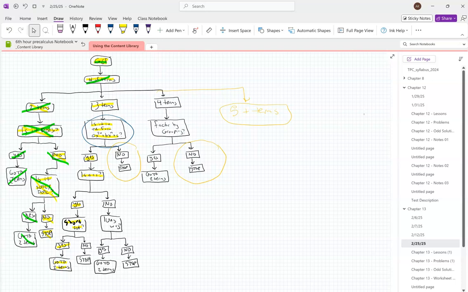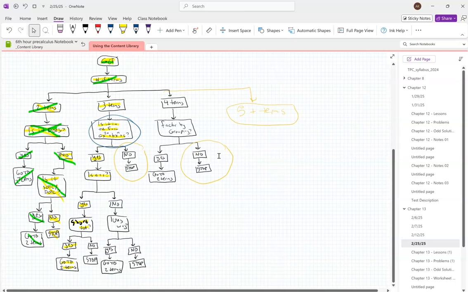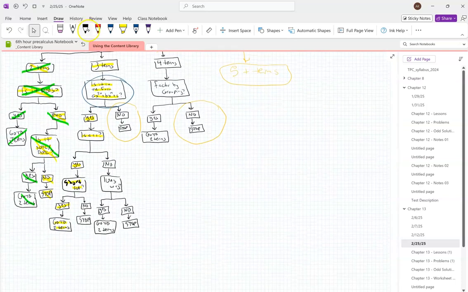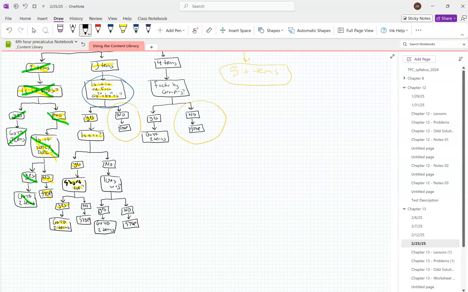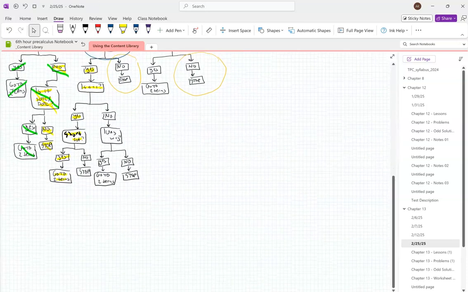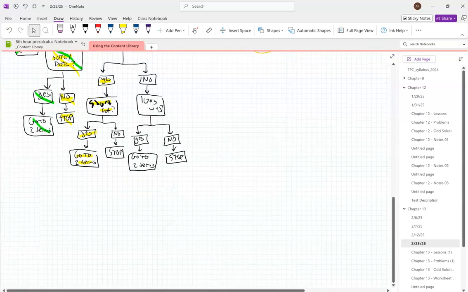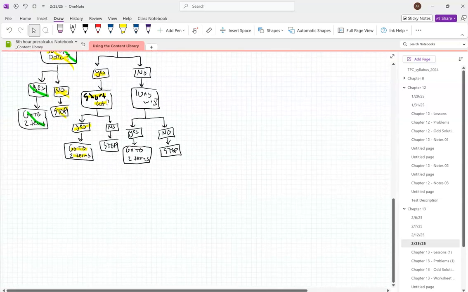Pretty cool. It's a whole branch of mathematics devoted to this kind of problem. So we're doing just the very simplest version of this kind of thing. All right, so continuing on.